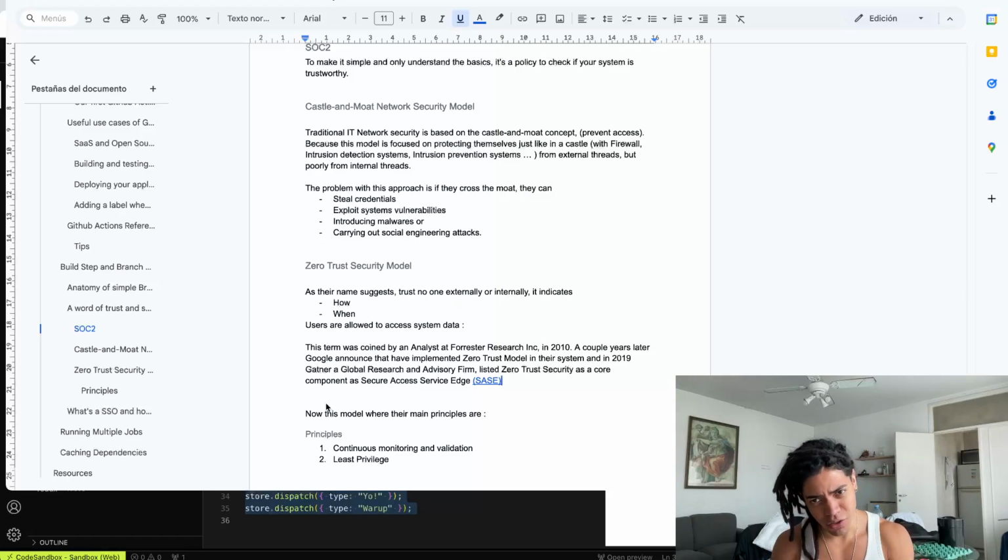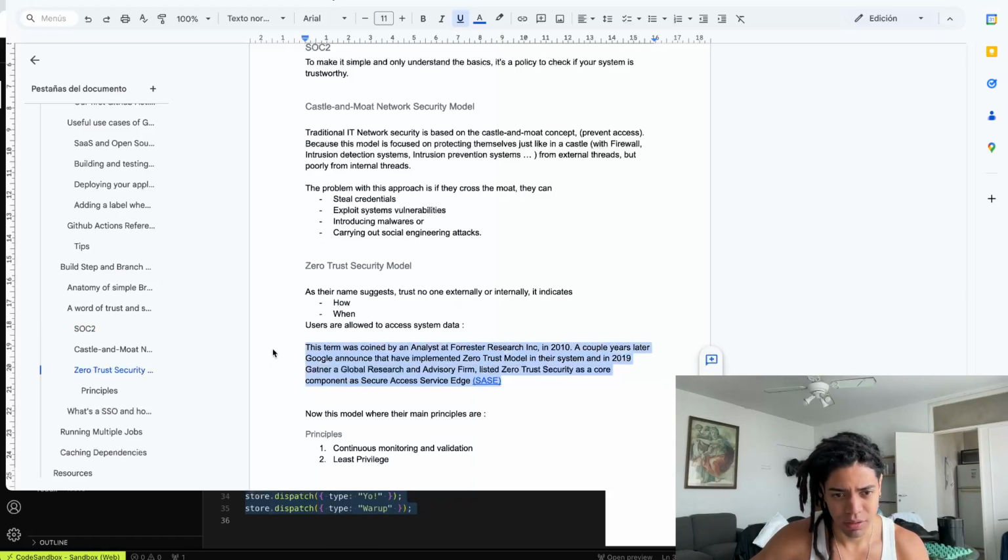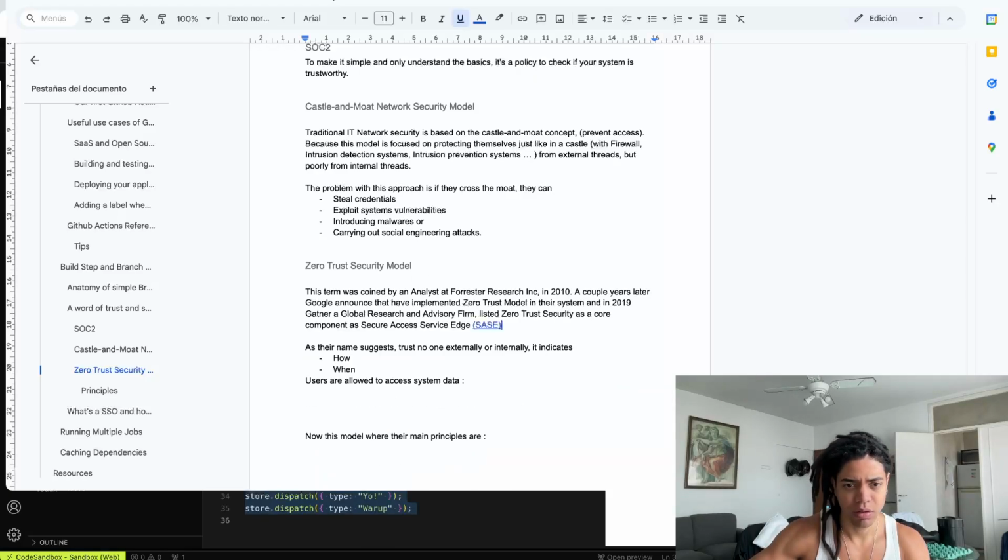For security, we look at the zero trust model, a term coined by an analyst at Forrester Research Inc. in 2010.